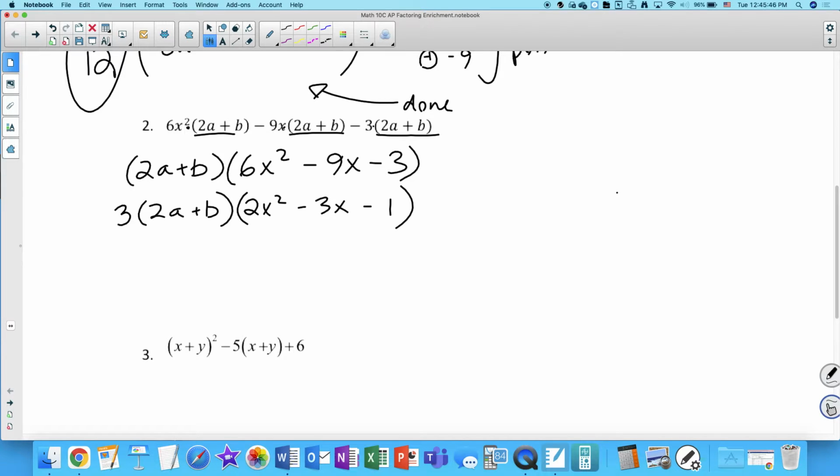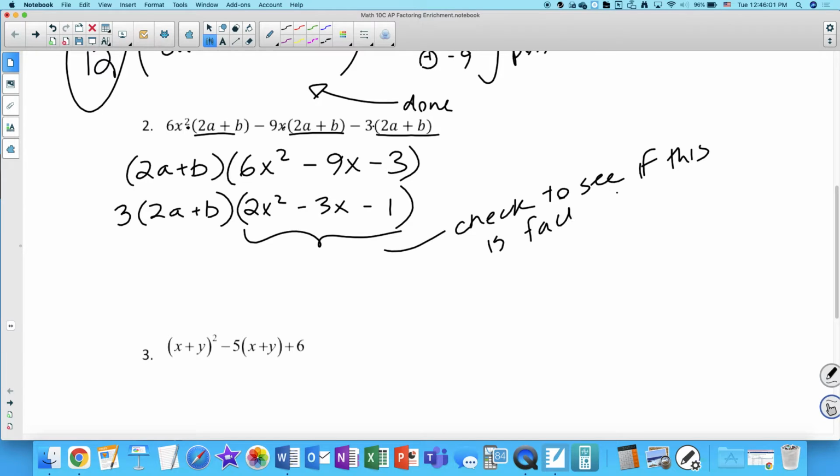Okay, so if we're looking at this, this is a trinomial of the form ax squared plus bx plus c. So we have to check to see if this is factorable. I don't think so. We need two numbers that multiply to negative 2 and add to negative 3.